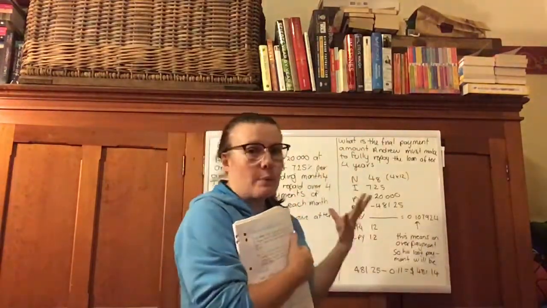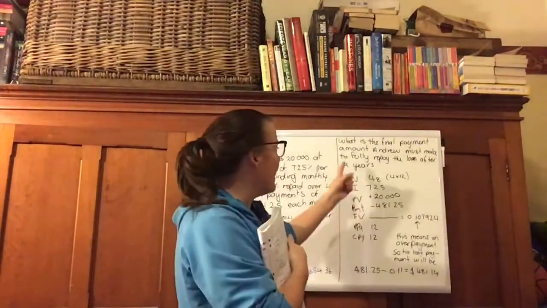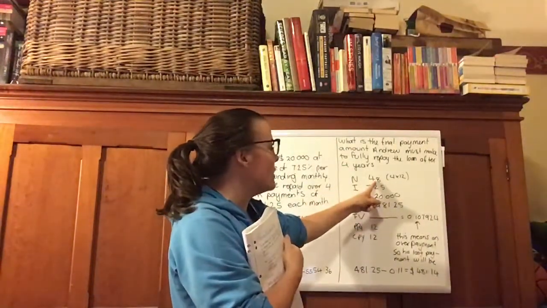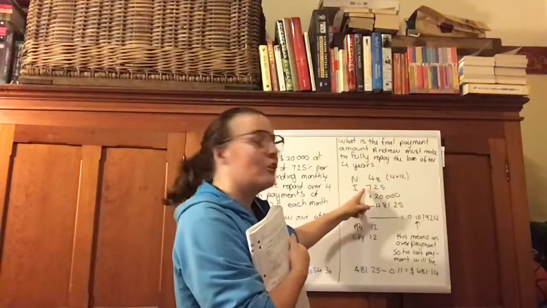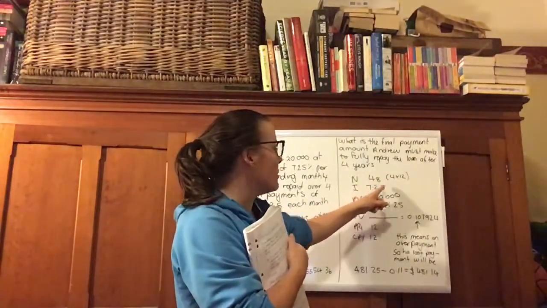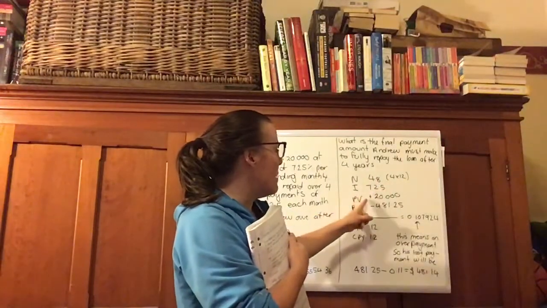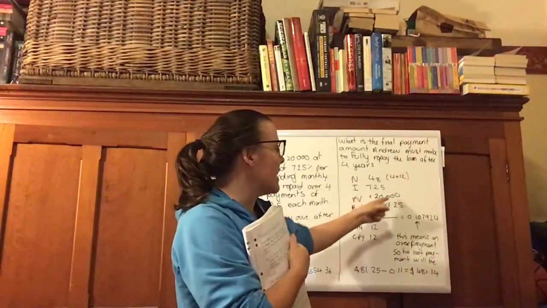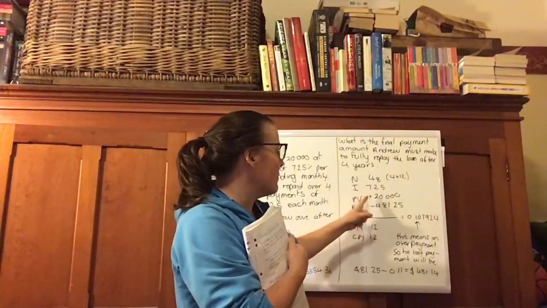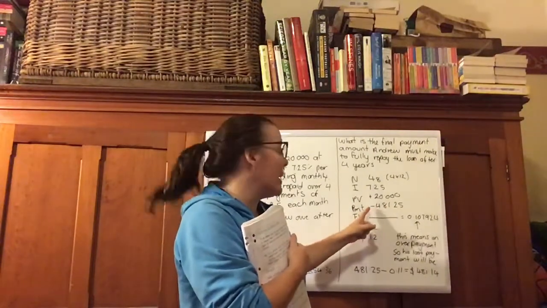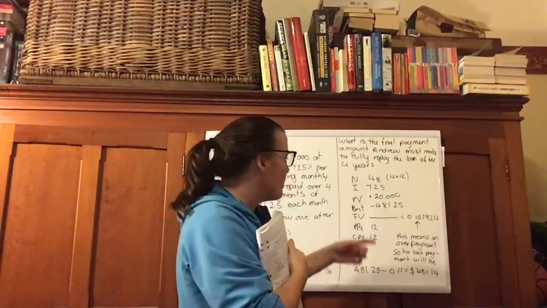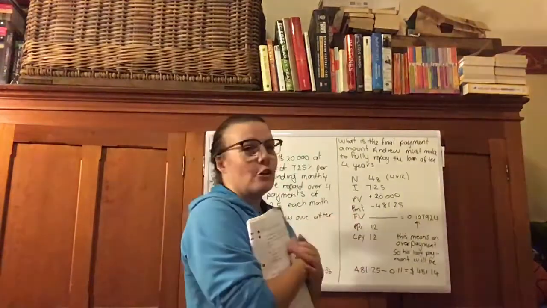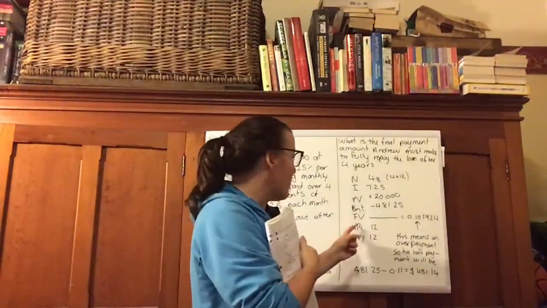So, opening up our financial solver again, at the end of 4 years, we've got 48 payments, 4 times 12. We have an annual interest rate of 7.25. Remember, the bank gave us the $20,000, so it's a positive. Repayments are made of $481.25. The future value is what we leave blank.